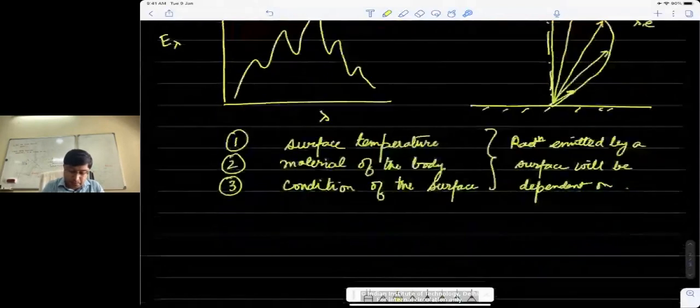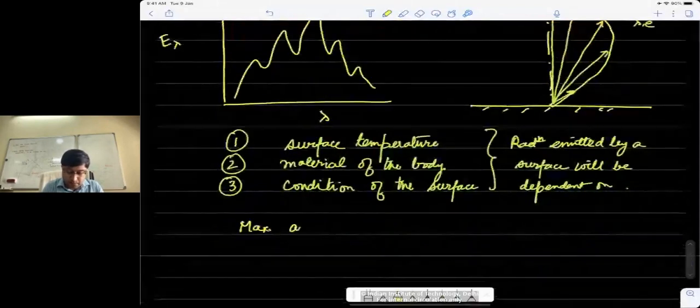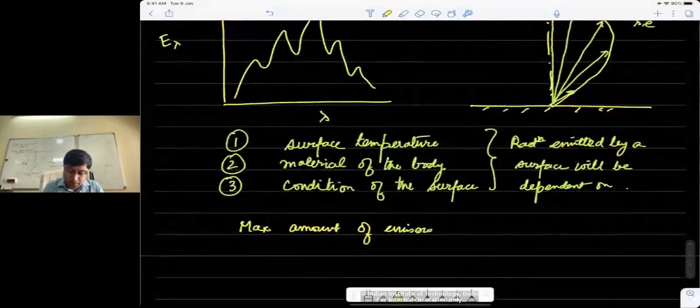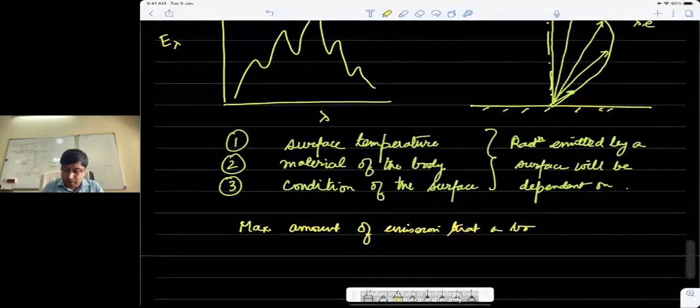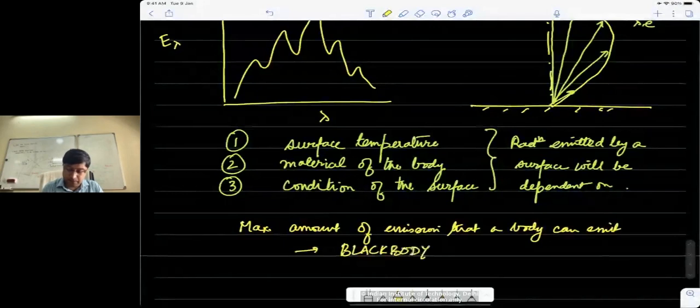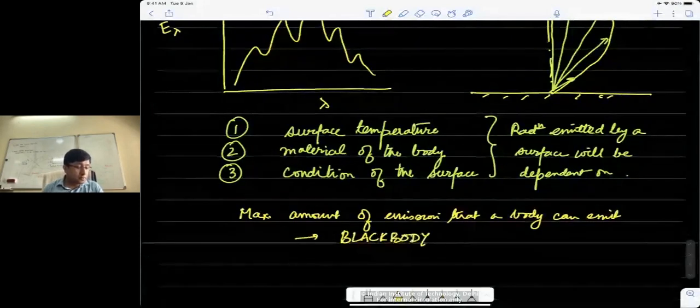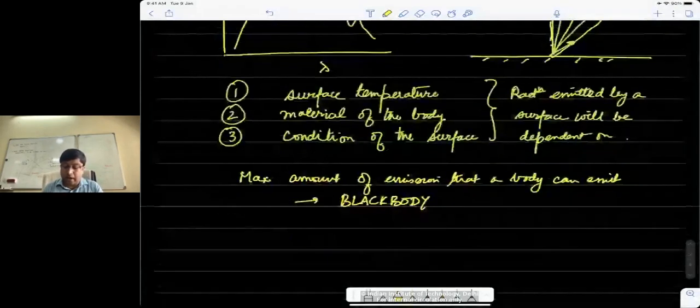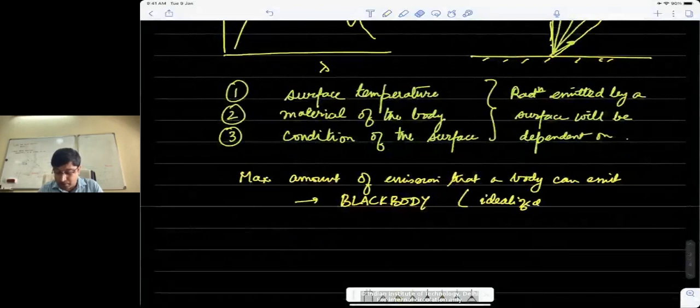So the question of the maximum amount of emission that a body can emit leads us to the concept of a black body, or an idealized body, if you want to say. Black body is the more common term that is used.